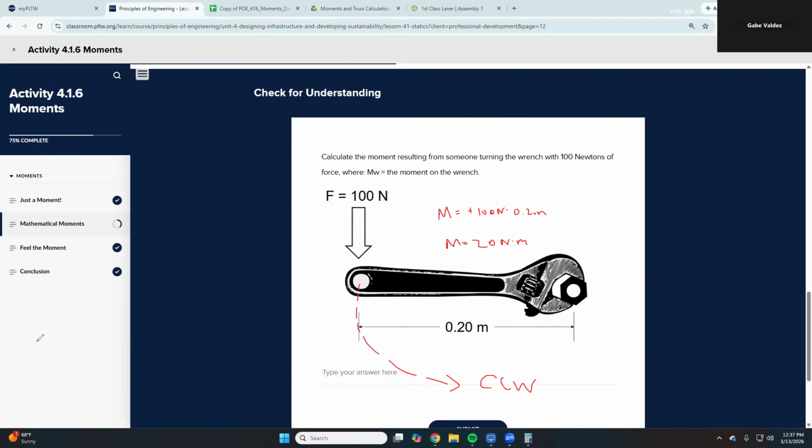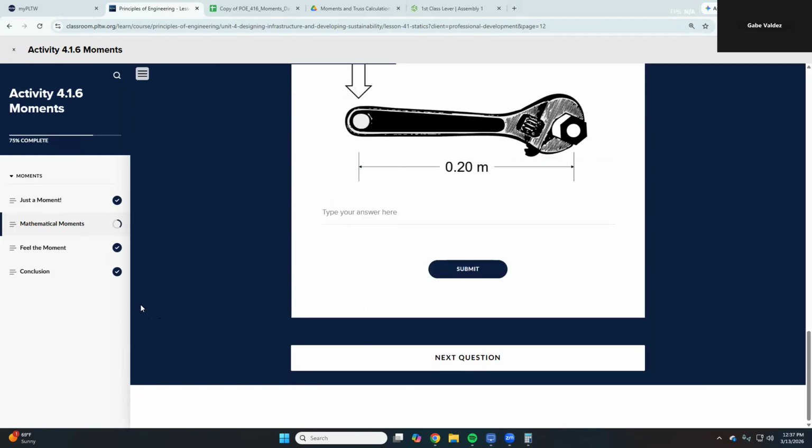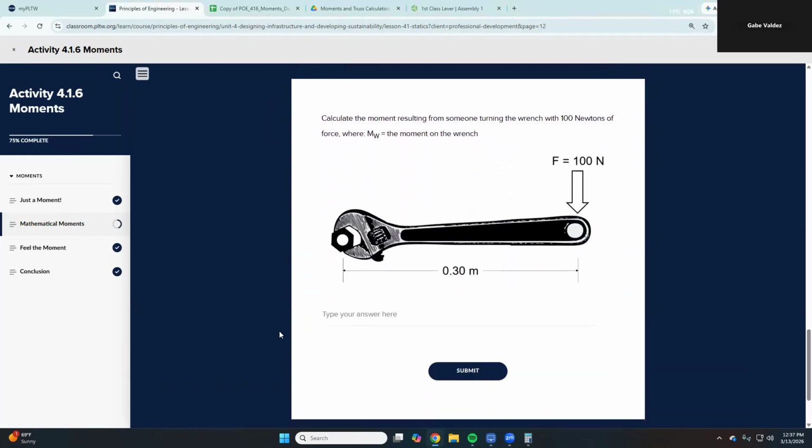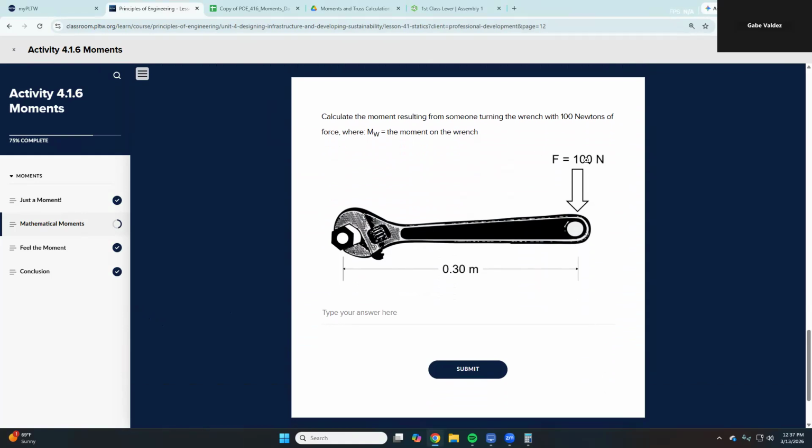All right, so then we get into the next question. We have 100 newtons, 0.3 meters away from this point of rotation. The line of action of this force is perpendicular to this 0.3 meter distance. So I just have to multiply these two, force times perpendicular distance. This is going to generate a clockwise rotation. So this will be a negative moment.